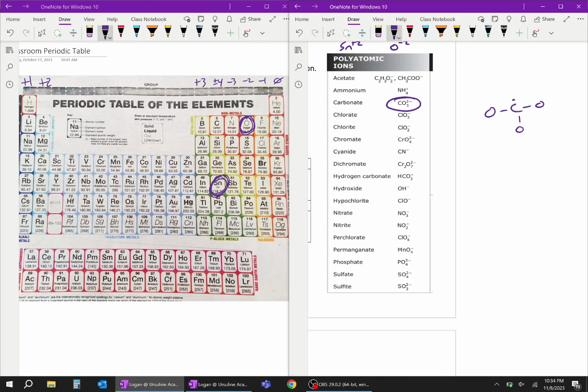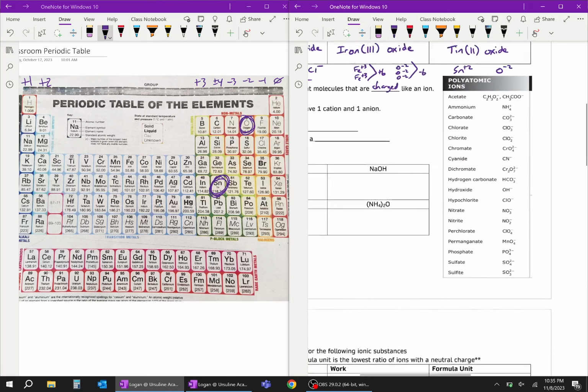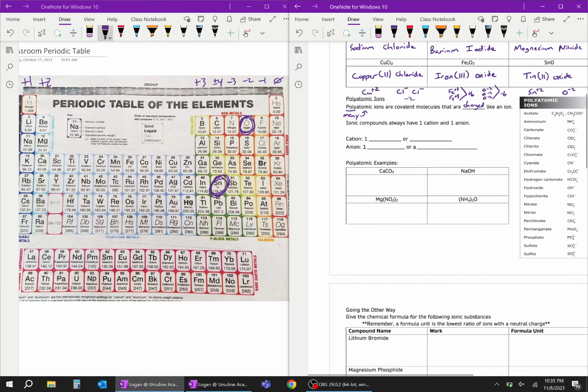And you'll notice that, this is not an actually correct Lewis dot structure, but it'll be a covalent molecule, but the entire molecule has more electrons than it has protons. If I add up all the electrons in the molecule and all the protons in the molecule, I end up with 2 extra electrons. So the carbonate molecule has a -2 charge and will behave like a negative ion.